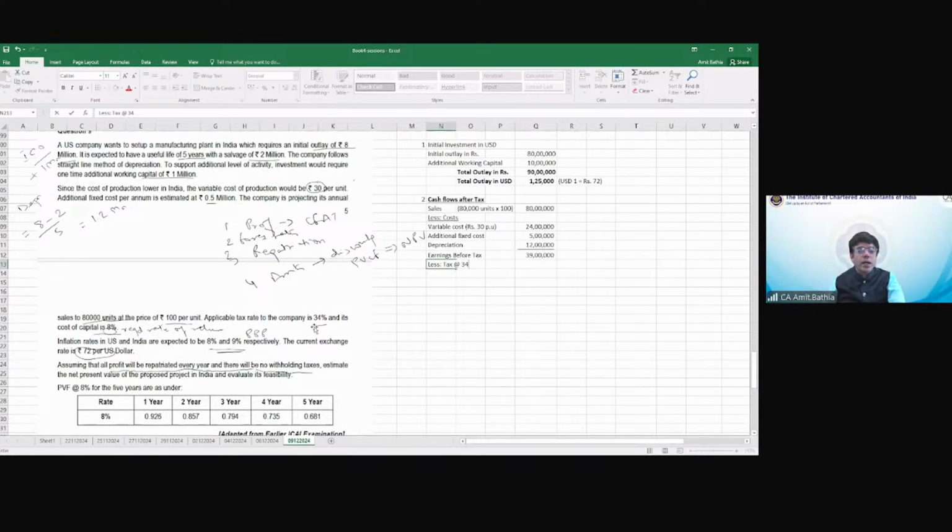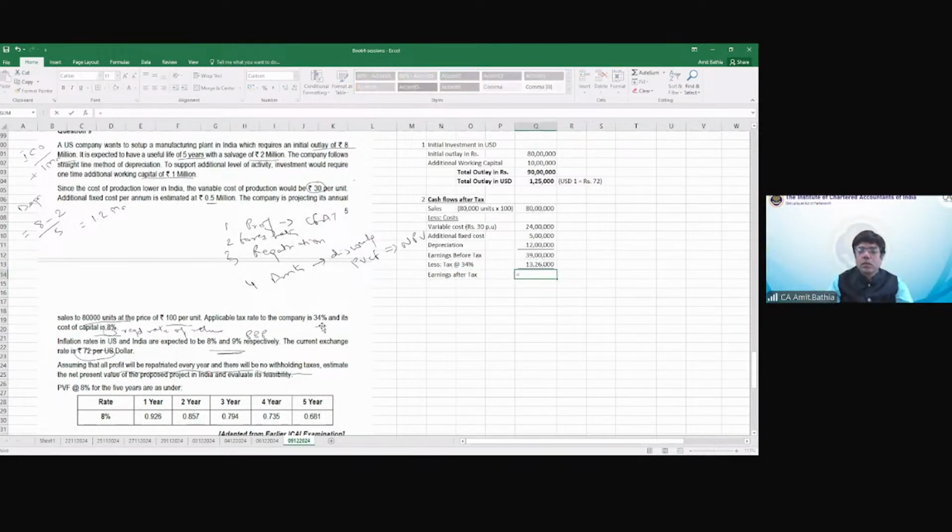So here you are given tax rate is 34%. 39 into 0.34. So I get earnings after tax, EAT, 25 lakh 74,000. Should I be adding anything back for CFAT?